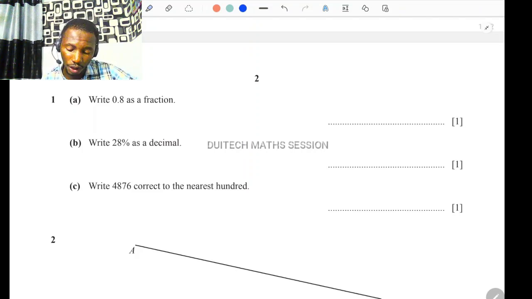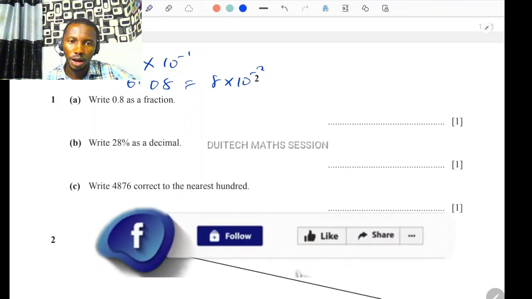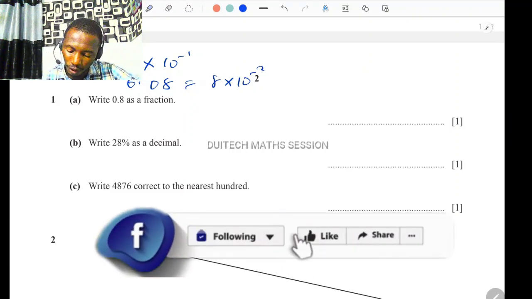If you were to convert it to standard form, it will be 8 times 10 to the power of minus 1, because it has one leading zero. If it is two leading zeros, like for example 0.08, it would have been 8 times what? 10 to the minus 2. Two leading zeros, minus 2; three leading zeros, minus 3; four leading zeros, minus 4, and so on and so forth.